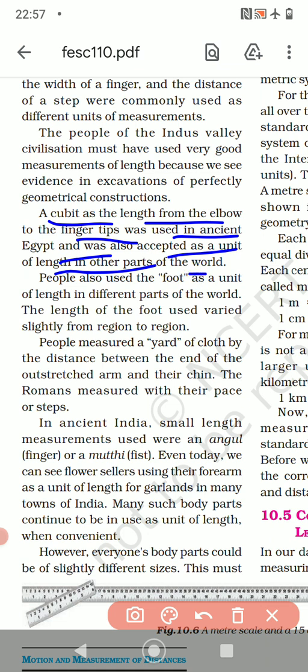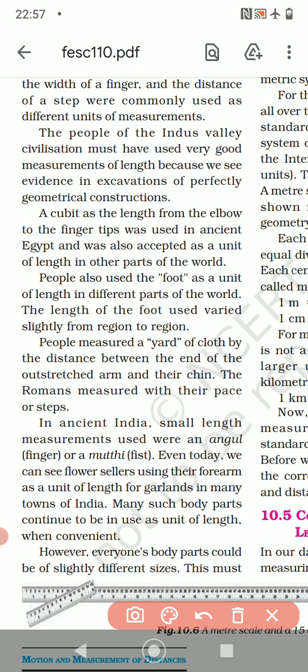So this is the length, the cubit. In the cubit, the length is from the elbow to the fingertips, and it was used in ancient Egypt, and this was accepted as the unit of length in other parts of the world also.